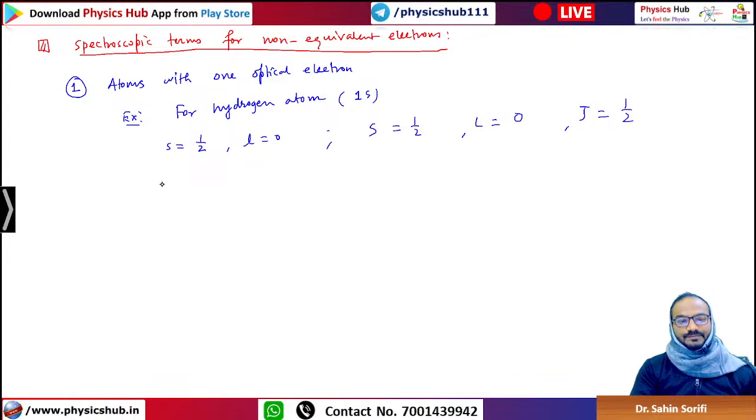So the spectroscopic term symbol will be 2S+1 L. When we only talk about the term, we write 2S+1. But when you are writing the term symbol, then this is a complete specification, 2S+1 L with J.